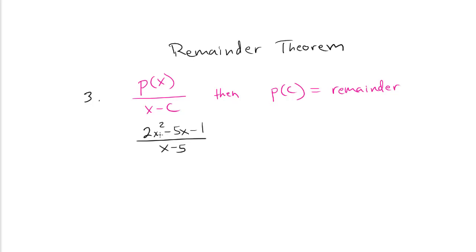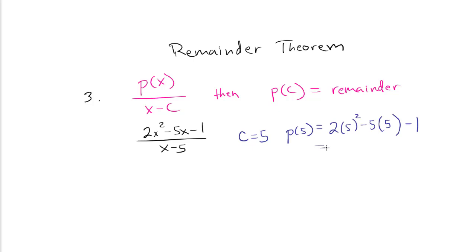All right, let's try that in practice. My numerator p of x is 2x squared minus 5x minus 1. My denominator polynomial is the binomial x minus 5. So in this case, c equals 5. I plug in p of 5, which above is going to be 2 times 5 squared minus 5 times 5 minus 1.